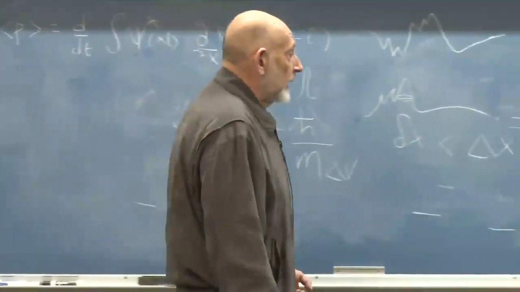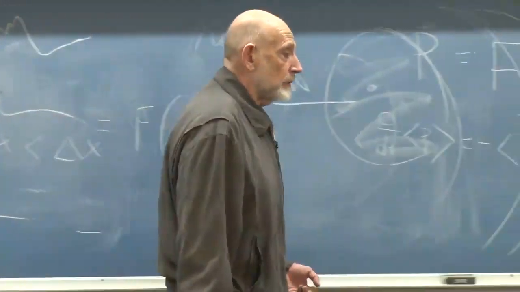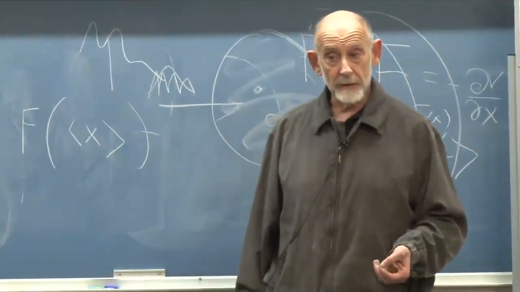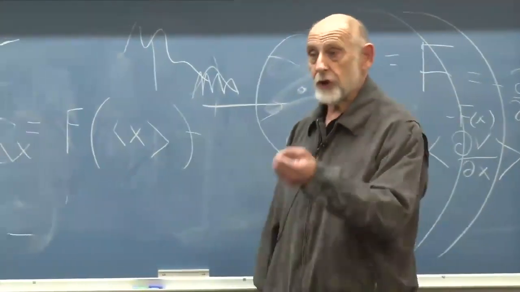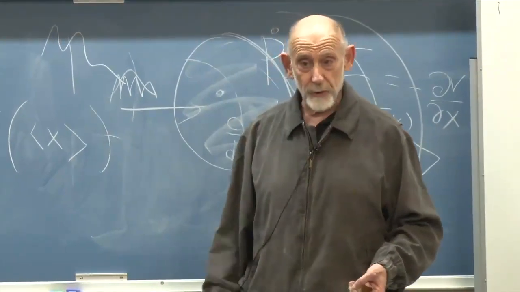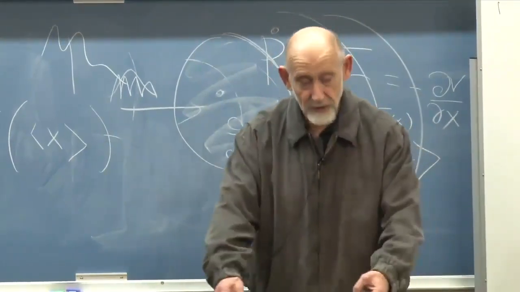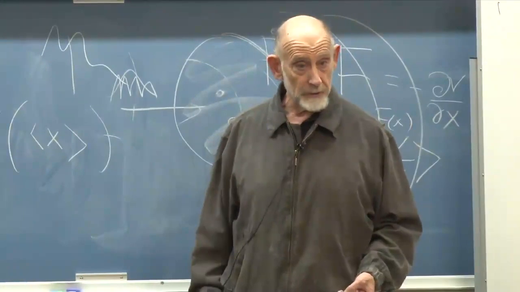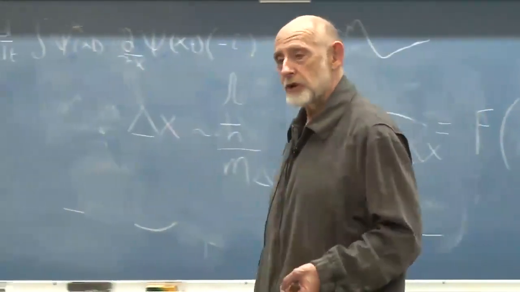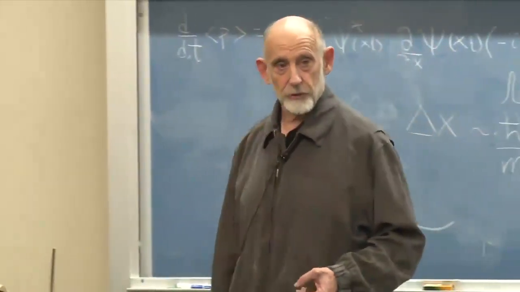On the other hand, if you take the potential associated with the core of the atom, the nucleus, that has a sharp feature in it, and if an electron wave hits it, it will scatter it all over the place. So it's an interplay between the mass and the sharpness of the potential.